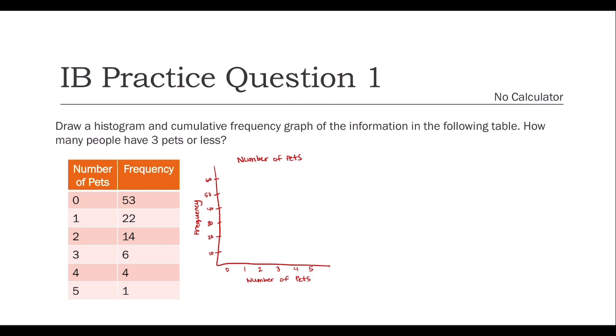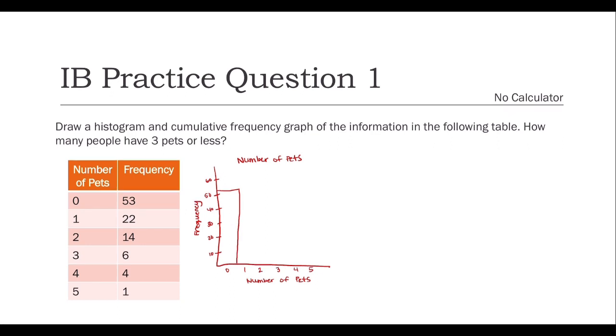So for 0, the frequency is 53. So we go all the way up to 53. For 1, the frequency is 22. So we'll go up to 22. For 2, it's 14. For 3, it's 6. For 4, it's 4. And for 5, it's 1. So this is what your histogram would look like.